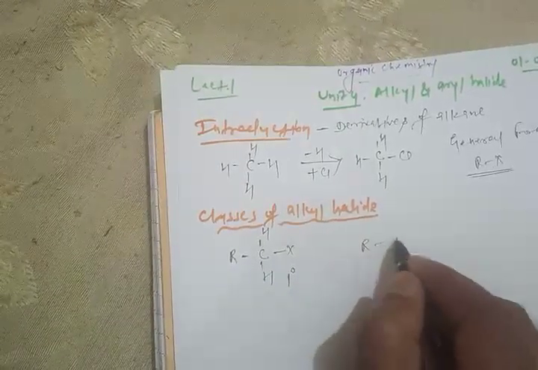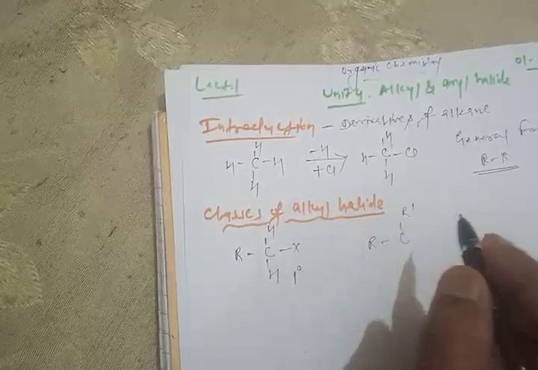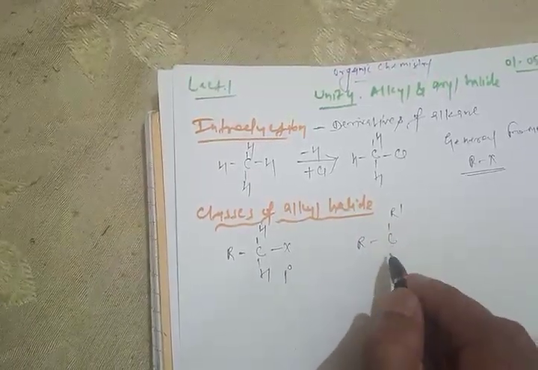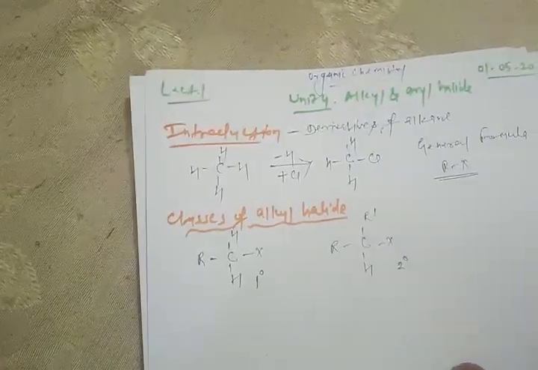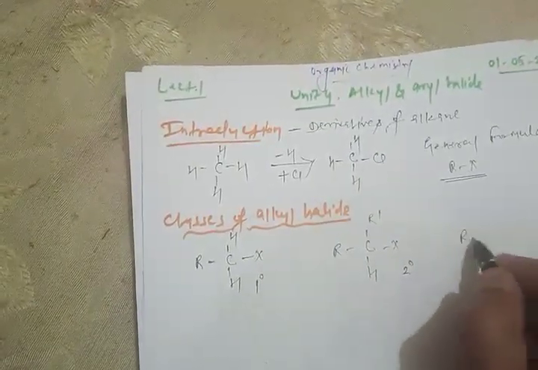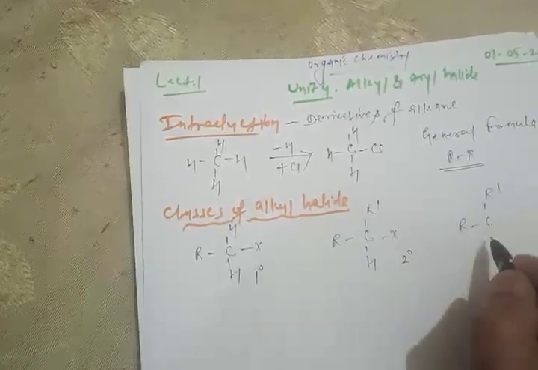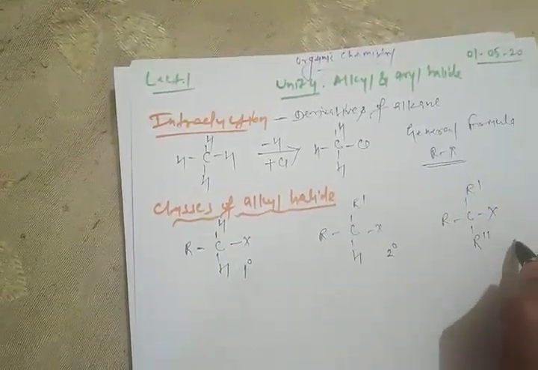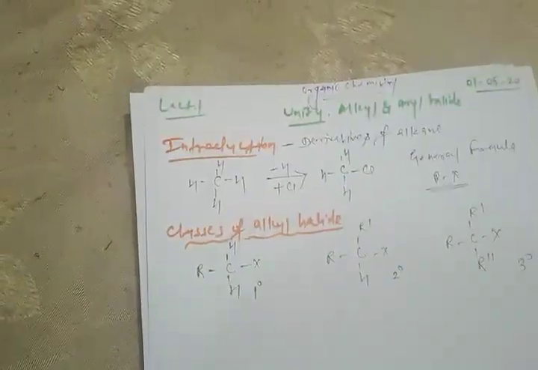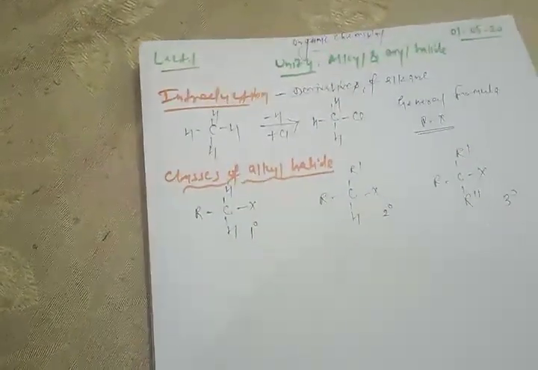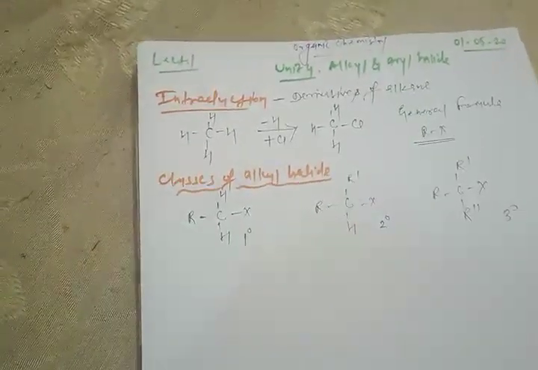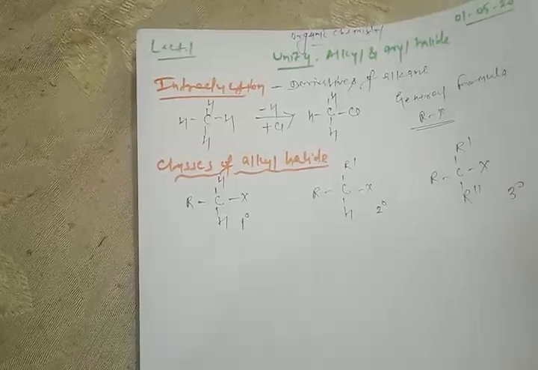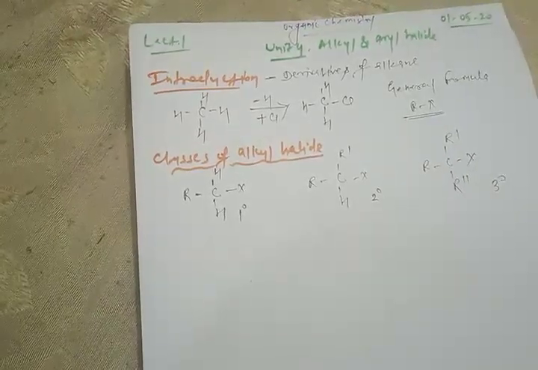Then if H is replaced by another R alkyl group, this is the second degree. And if we have R, C, R dash and R double dash with X, this will be the third degree. So these are the classes of alkyl halides. Alkyl halides are actually excellent solvents for many organic materials and in industry.